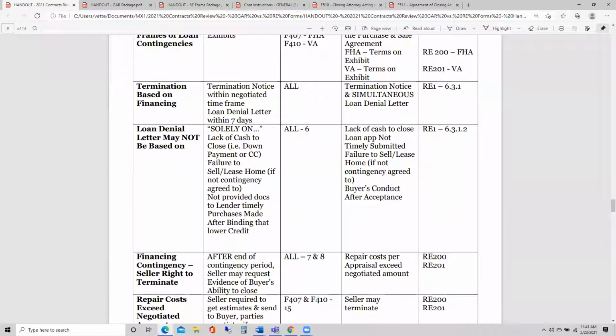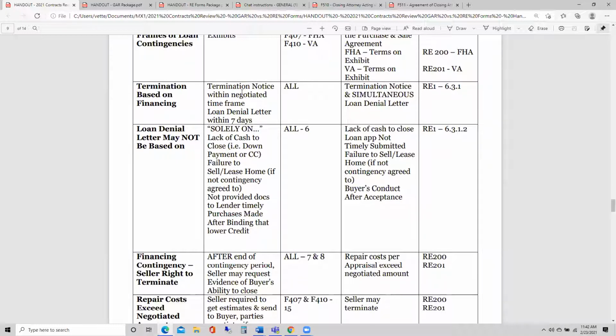The biggest difference is that if the parties are binding under GAR and they're going to terminate under financing because they can't get financing, they have to send that termination notice prior to the end of the contingency time frame. And then they have 7 days after they send the notice of termination to provide proof of it with a loan denial letter.